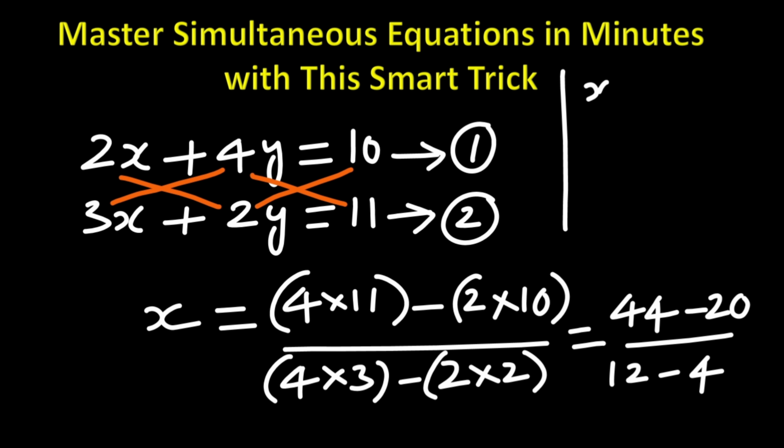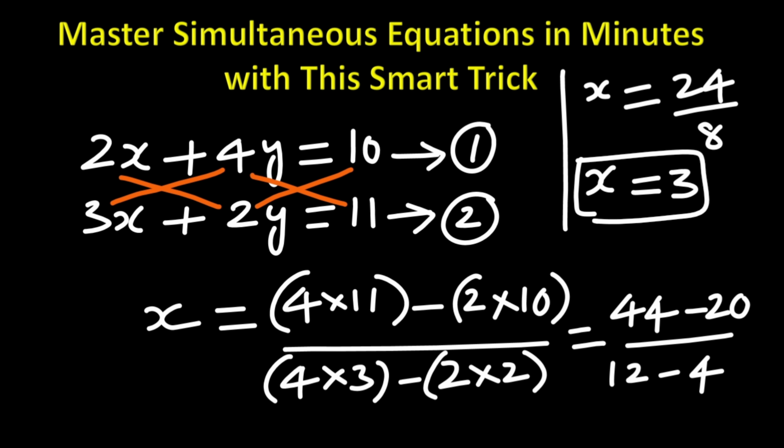So x equals 44 minus 20, that's 24, divided by 12 minus 4, that's 8. So x equals 24 divided by 8, that's 3. So x equals 3.